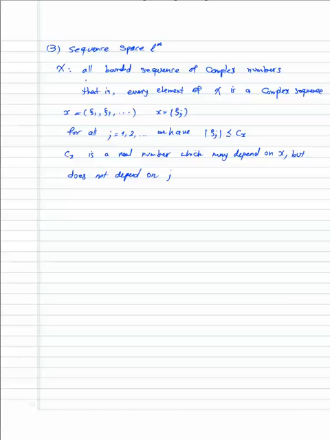This is the space that we're going to work with, and we have to define some sort of metric on it. The metric that I'm going to define is the supremum over j, where j belongs to N, the natural numbers.